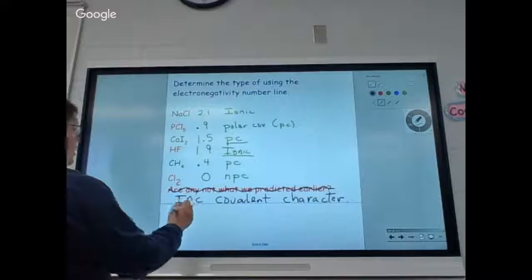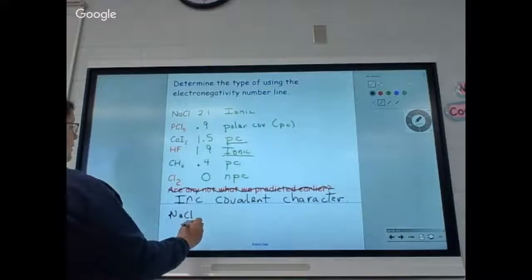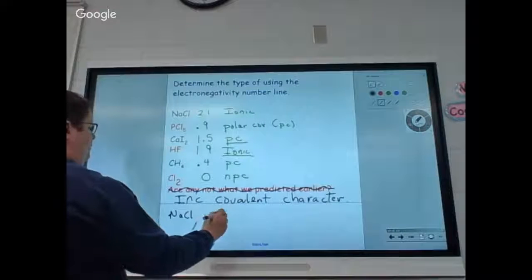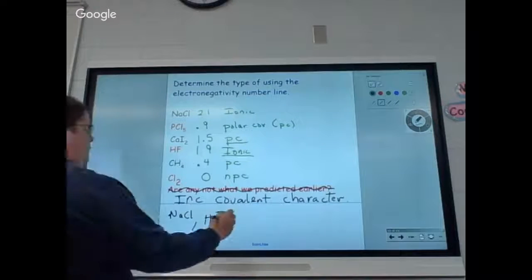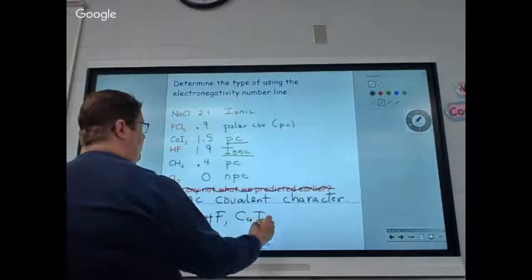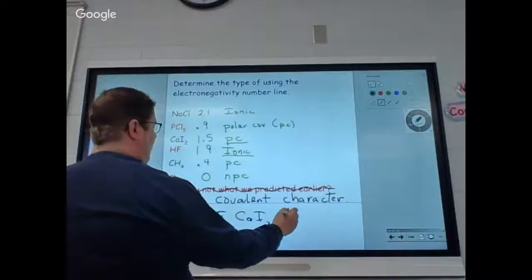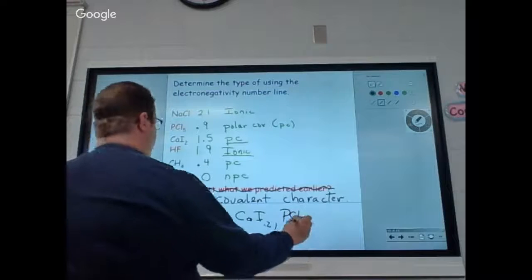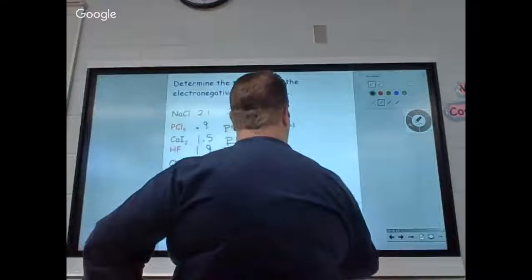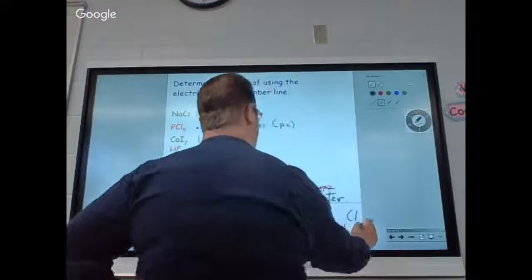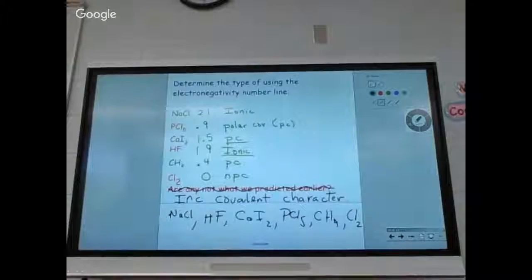NaCl, because that's 2.1, then HF, CaI2, PCl5, CH4, and chlorine.